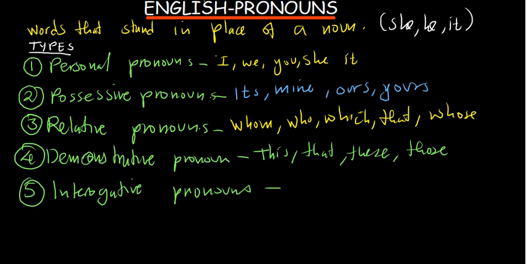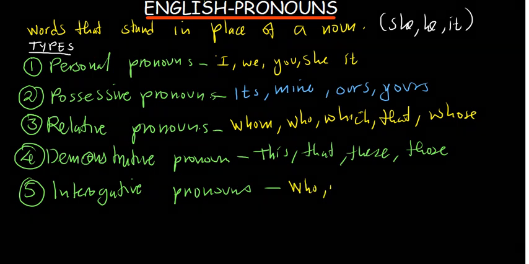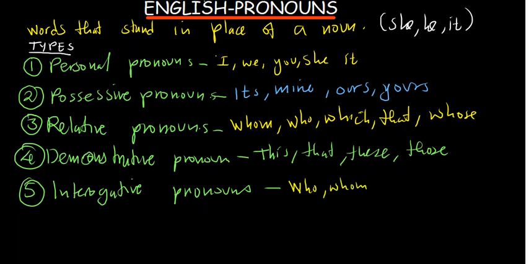So interrogative pronouns seek to find out information. When you're talking about interrogative pronouns, these are pronouns that seek to find out information. As I said, you're talking to a nurse, they want to find out something before they give you medicine. So examples of interrogative pronouns, you've got who, whom, whose, what, which.